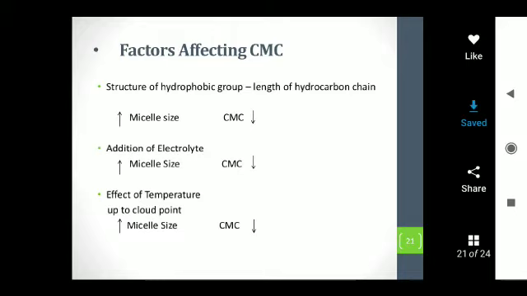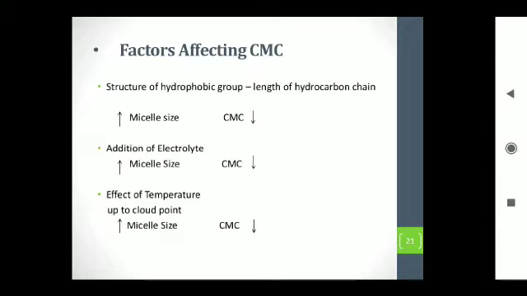At certain temperatures, aqueous solutions of many non-ionic surfactants become turbid. This characteristic temperature is called the cloud point. This process is reversible: when the aqueous solution of non-ionic surfactant is cooled, the solution can restore clarity.